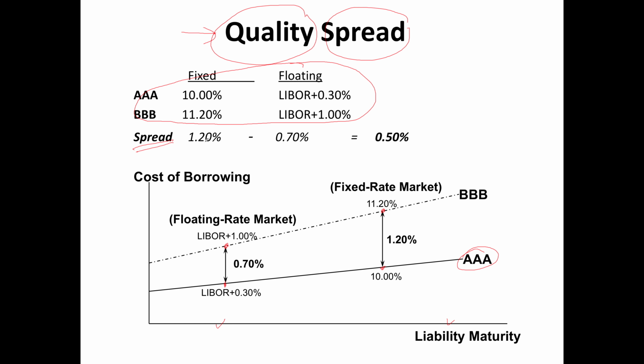One is 120 basis points, the other is 70 basis points. So there is a difference of 50 basis points. This is what the market condition provides as an opportunity, so people arrange private deals to exploit that difference, the difference between the quality spreads, the 50 basis points.